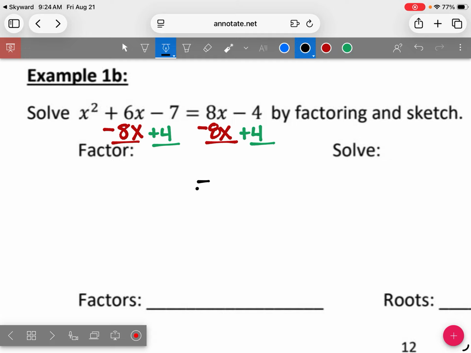So when you see that, do you see how both of these cancel and I have my 0? So let's see what we have here. Bring down your x squared. Take 6 minus 8. 6 minus 8 in your calculator. See what you get.